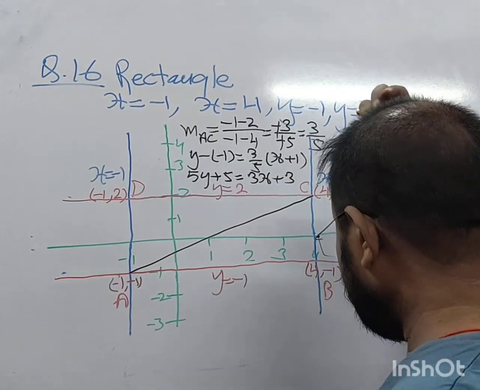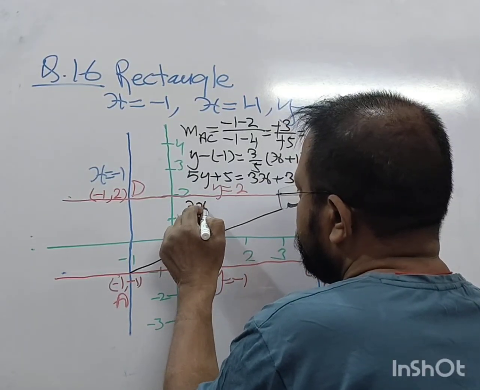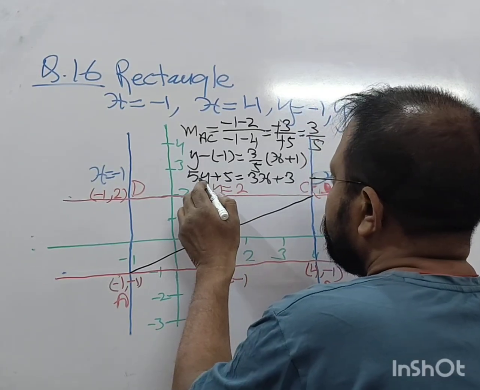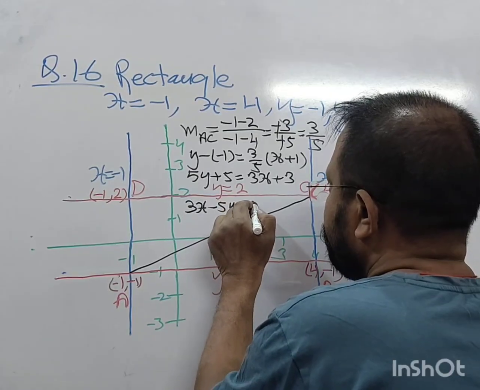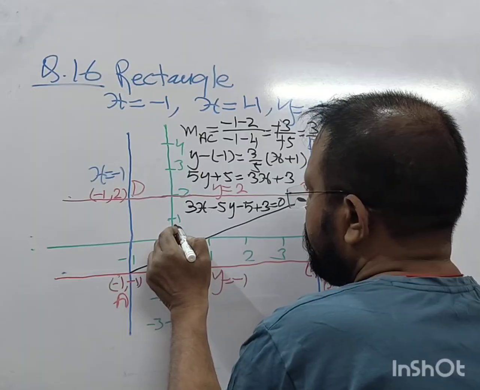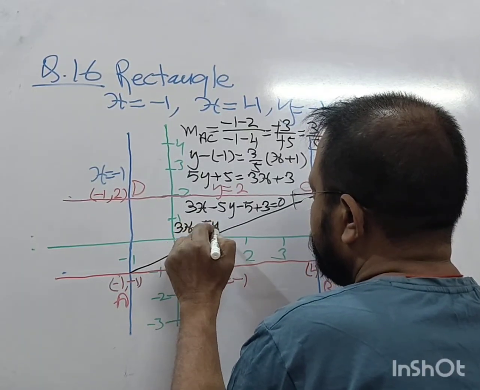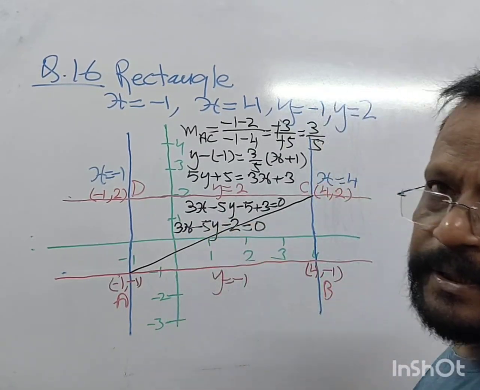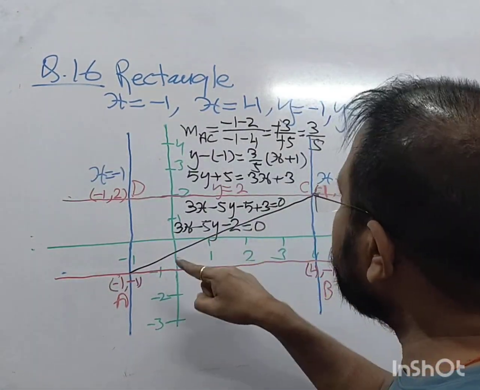We can write it as 3x minus 5y minus 5 plus 3 is equal to 0. So you get 3x minus 5y minus 2 is equal to 0. You get this? So this is the equation of the first diagonal AC.